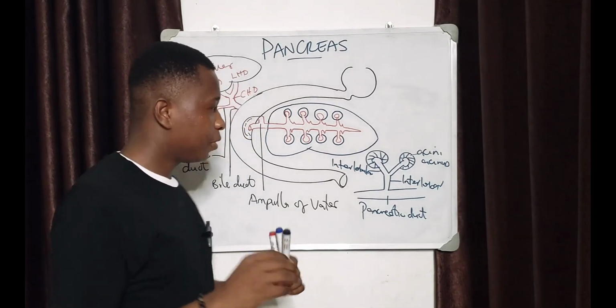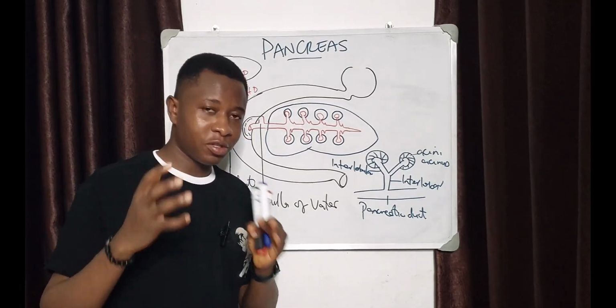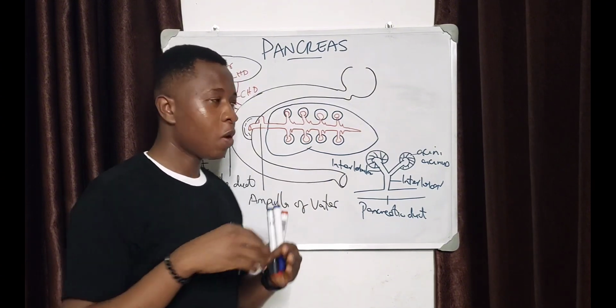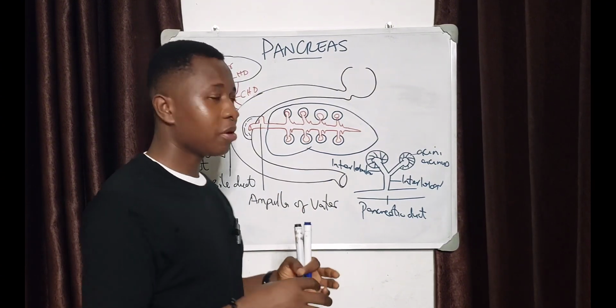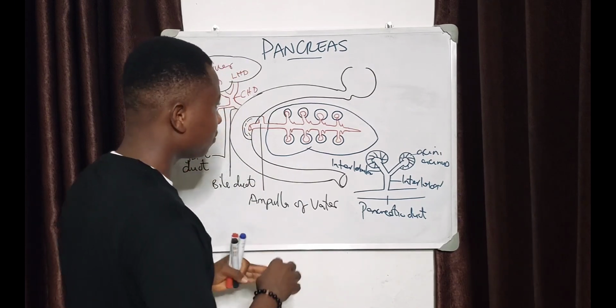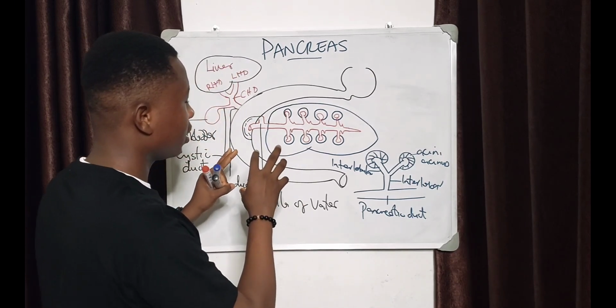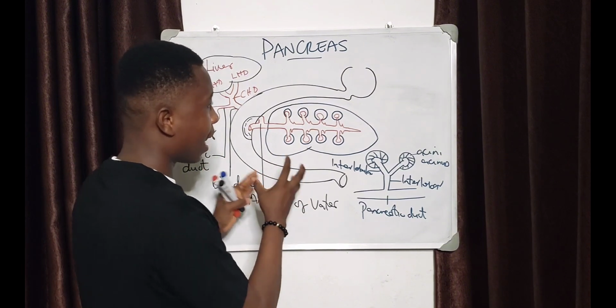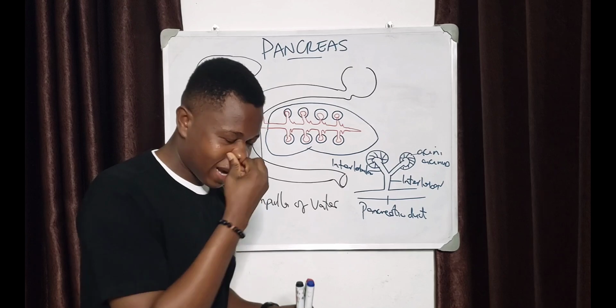So in my next video, I'll be talking about the physiology, each of these parts, what role do they perform, what chemicals or hormones do they release. Okay, now that is about the exocrine anatomy. Now let's look at the endocrine anatomy now.